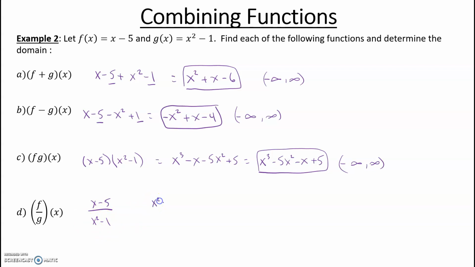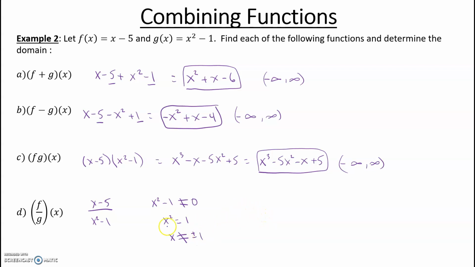So x squared minus 1 cannot equal 0. So we're going to add 1. We're going to take the square root. So we know x cannot equal plus and minus 1, right? Positive or negative 1. Because if it's positive 1, 1 squared minus 1 gets me 0. And if it's negative 1 squared is 1 minus 1 gets me 0. So we can't have a 0 in that denominator.